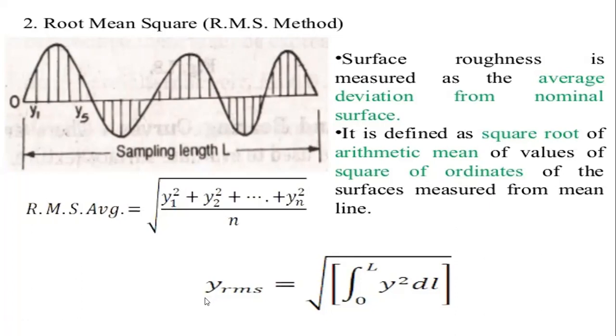These ordinates of the RMS value of y can be written as y RMS equals the root of the integral from 0 to L of y square dl. So this is the formula for that value.